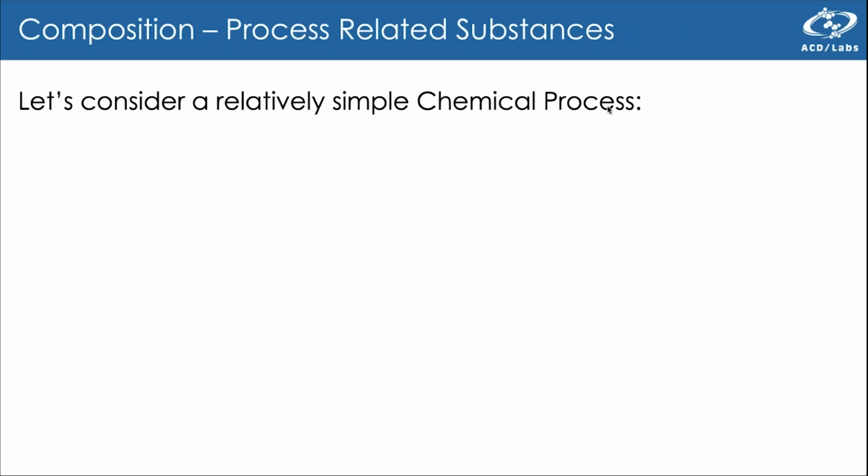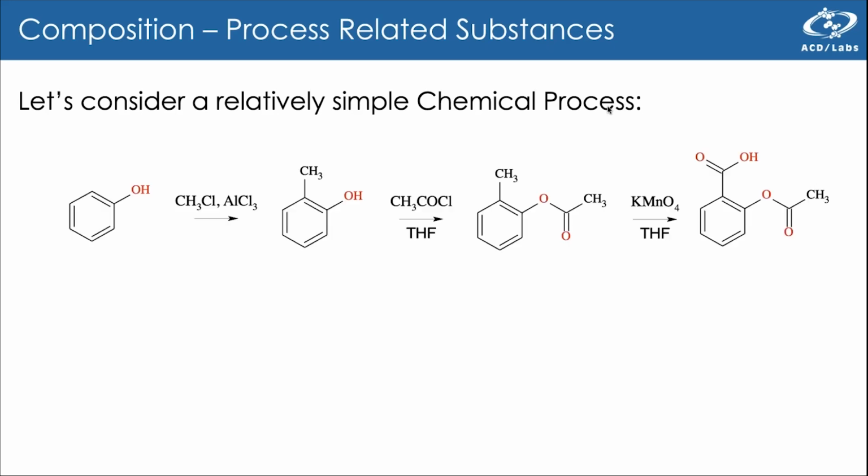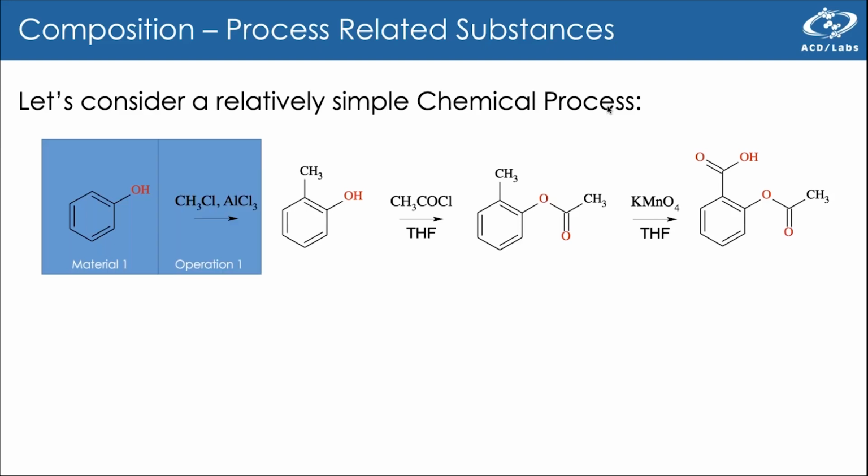So to illustrate the process of identifying a so-called composite identity on a substance, let's consider a relatively simple process, aspirin synthesis. And from this relatively simple process, we have a set of materials that are transformed through operations, right? A unit operation.